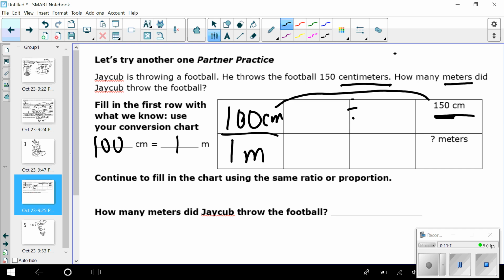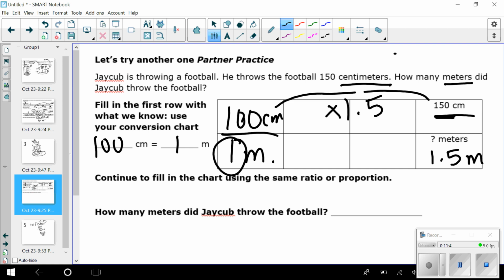So when you go over here, if I divide this way by 1.5, that means I would multiply 100 times 1.5, and I would get my answer. And so then I could do 1 times 1.5, which is going to be 1.5 meters, because it's the unit rate.